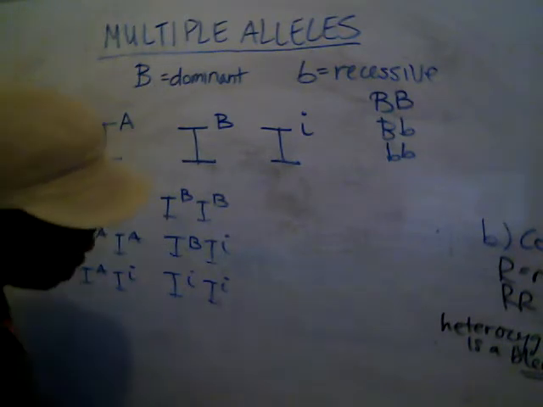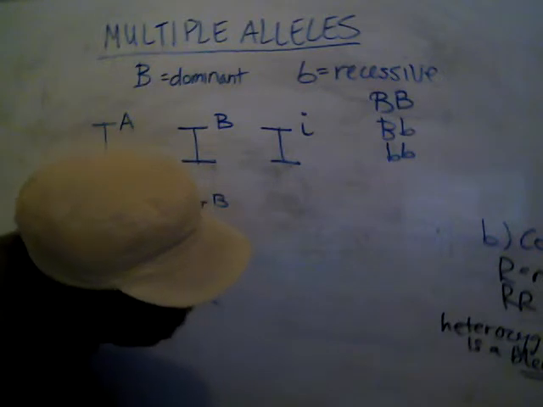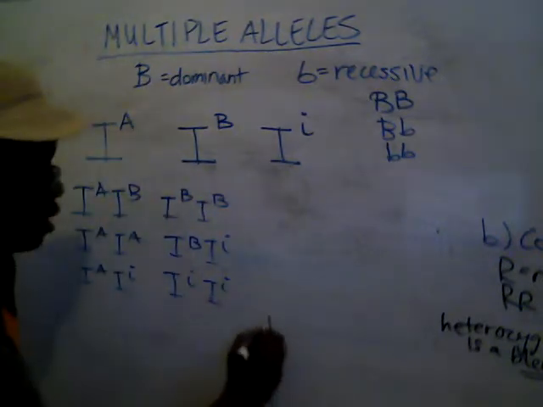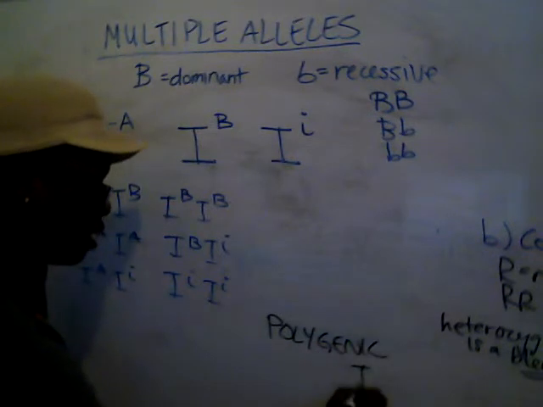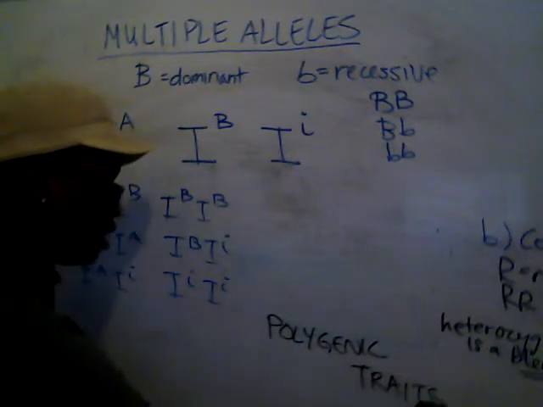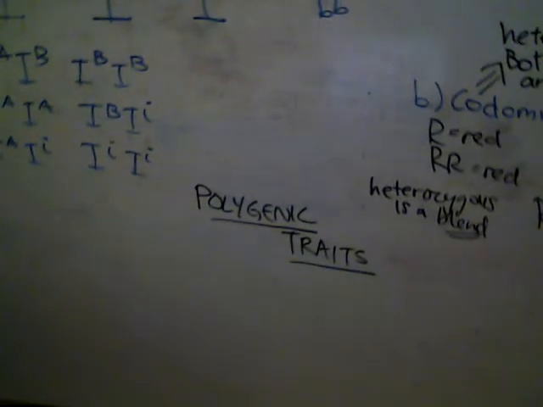polygenic traits. Now we simplify things when we deal with genetics in our biology classes. In reality, genetics is a lot more complicated, because if you think about it, everyone is slightly different.